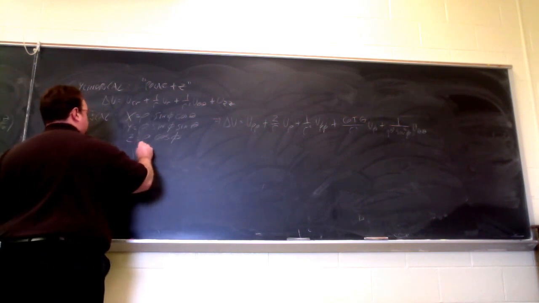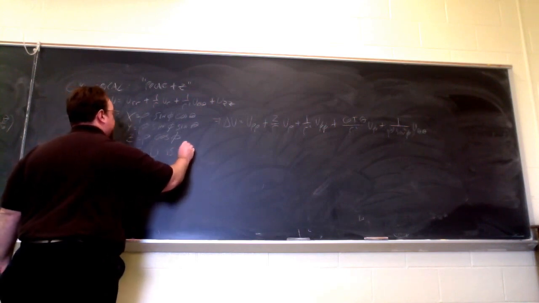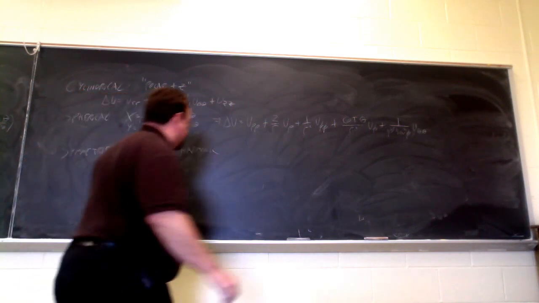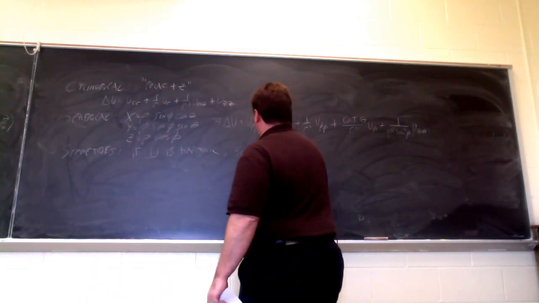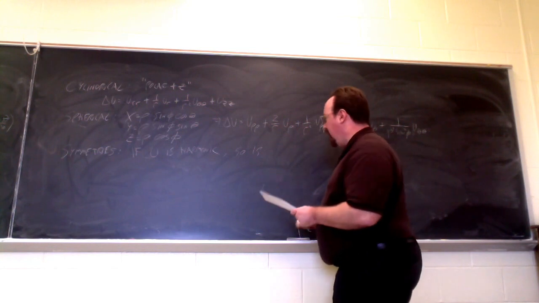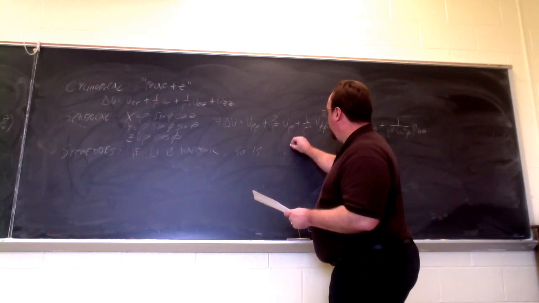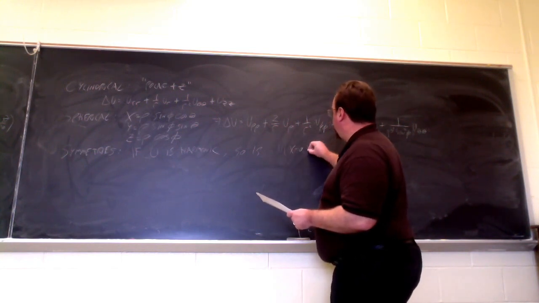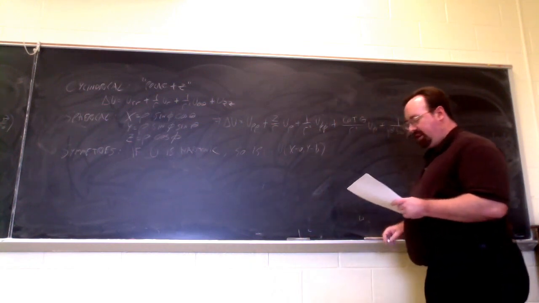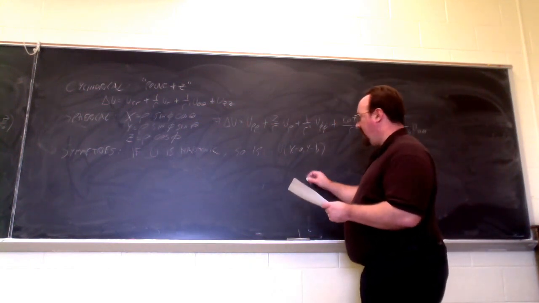Another thing I want to point out is Laplacian has certain symmetries. So if you have a harmonic function, a solution of Laplace's equation, then certain variations of u are also guaranteed to be harmonic. So for instance, I can shift the coordinates in any manner, even if it's different shifts for x and y.